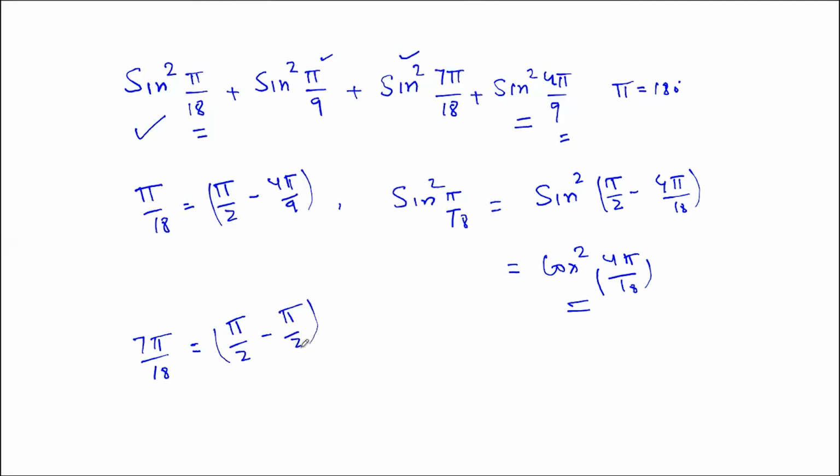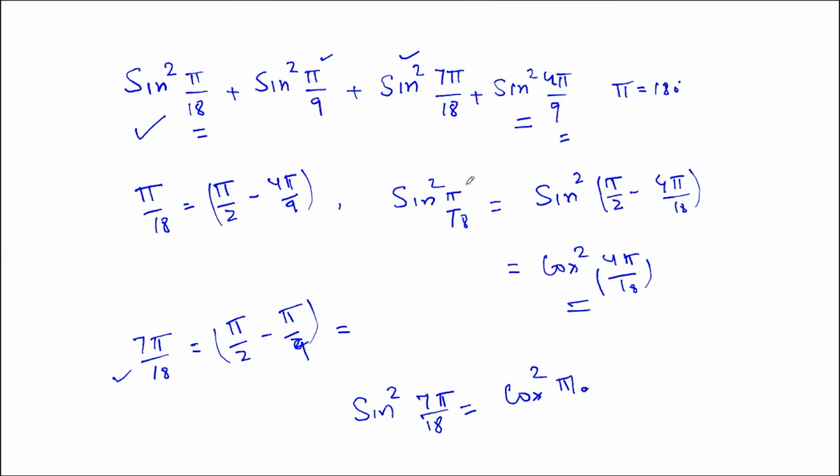And this goes for 9, right? 9 minus 2 will be 7 pi by 18, right? Again, I'm applying sine square. So sine square 7 pi by 18 is equal to sine square of pi by 2 minus pi by 9, which will go to cos square pi by 9.